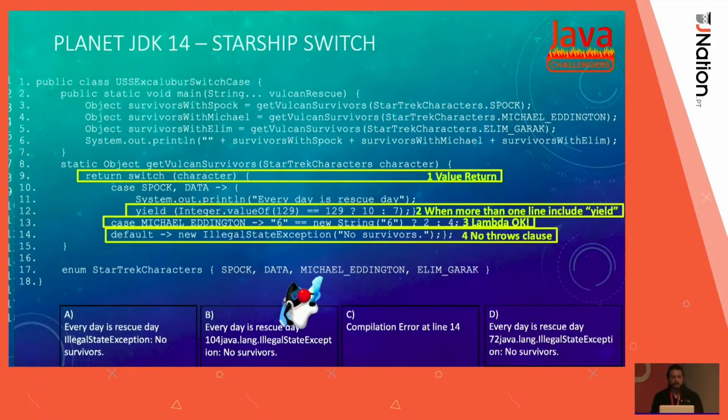Then in the second getVulcanSurvivors, we're going to compare a string 6 with a new String 6. Notice that when we use new String, the JVM will create a new string object in the memory heap.